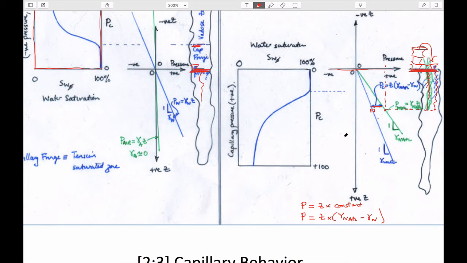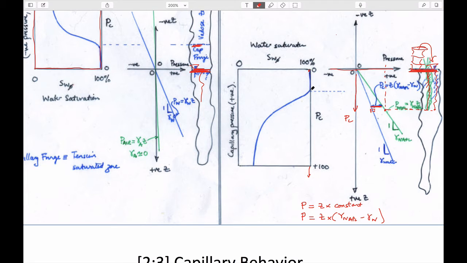And so what you could do is, instead of defining this length as z, you could also label this axis as Pc, P sub c, because they're directly linked to each other. They're linearly dependent. And so what you could do is draw this axis here, which is Pc. And so what this is saying is that as you start off with a capillary pressure of 0, then you have 100% water saturation. Ignore the fact that you have this slither going down here.